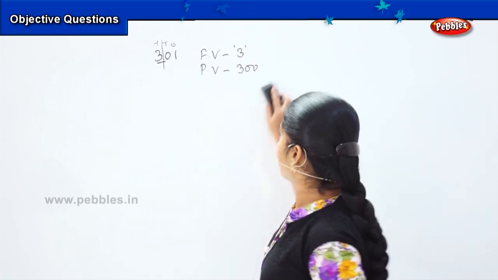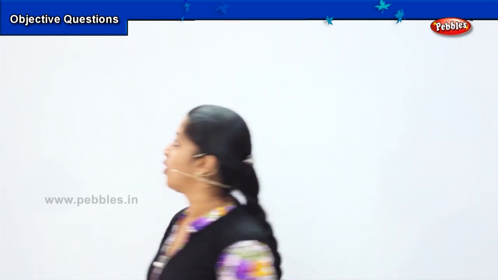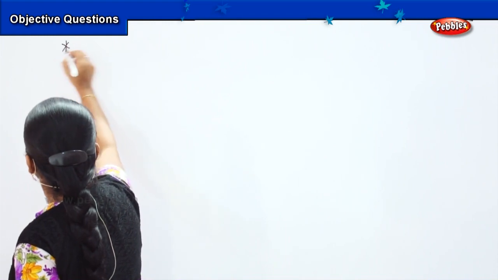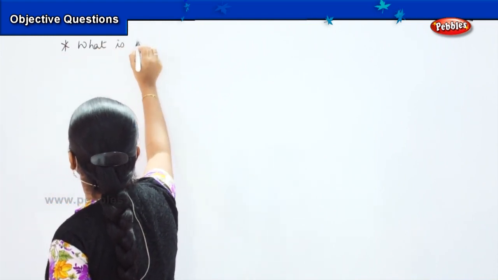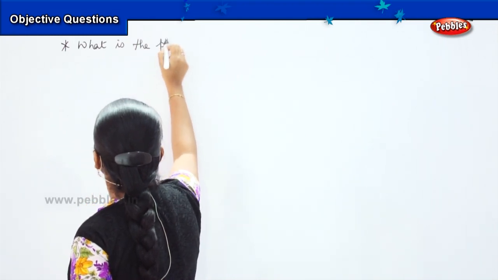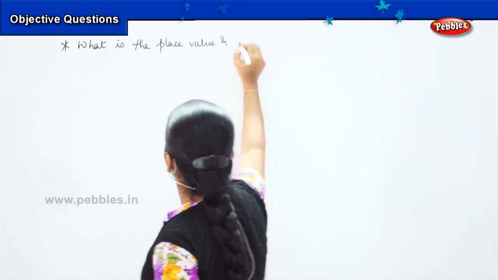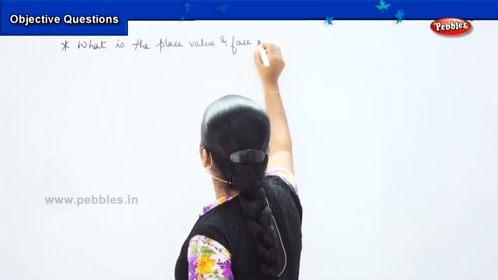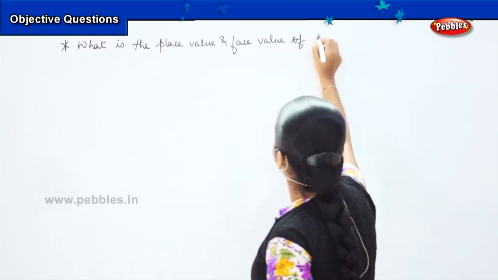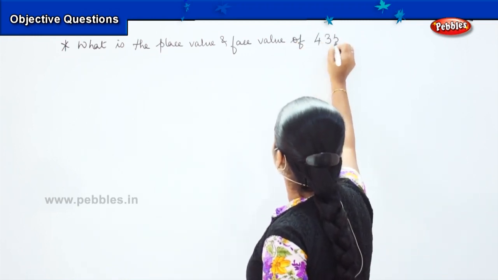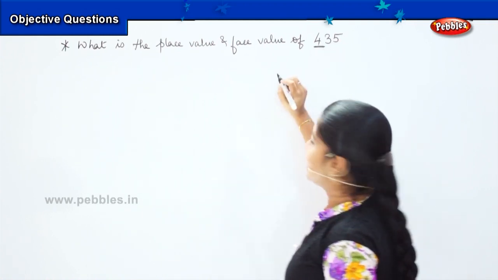Here it goes. So my first question says, what is the place value and face value of the number 435. Okay, so the number 4 is being underlined.